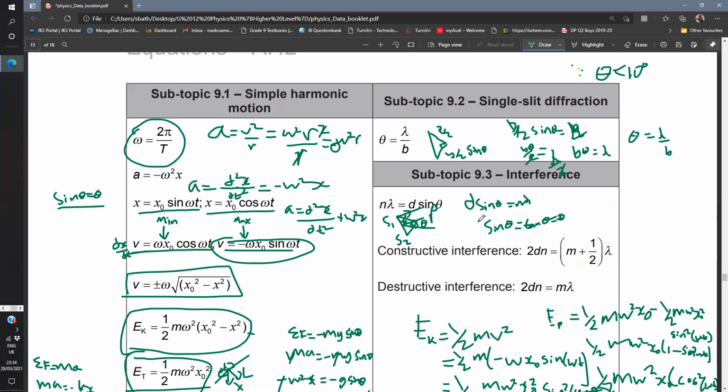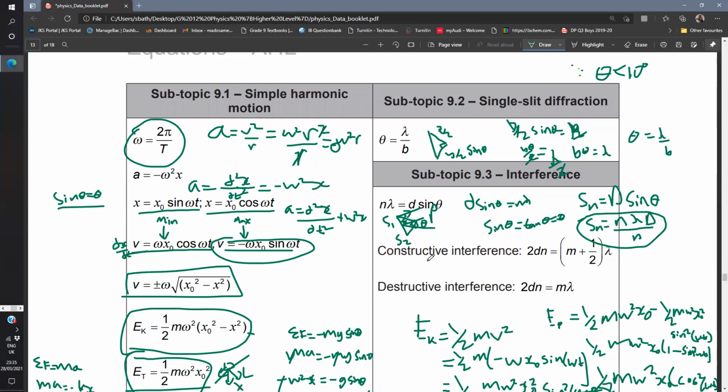Of course, this is all at small angles. And then basically these, cos n is equal to d sine theta, and d over n. So you should keep this handy.